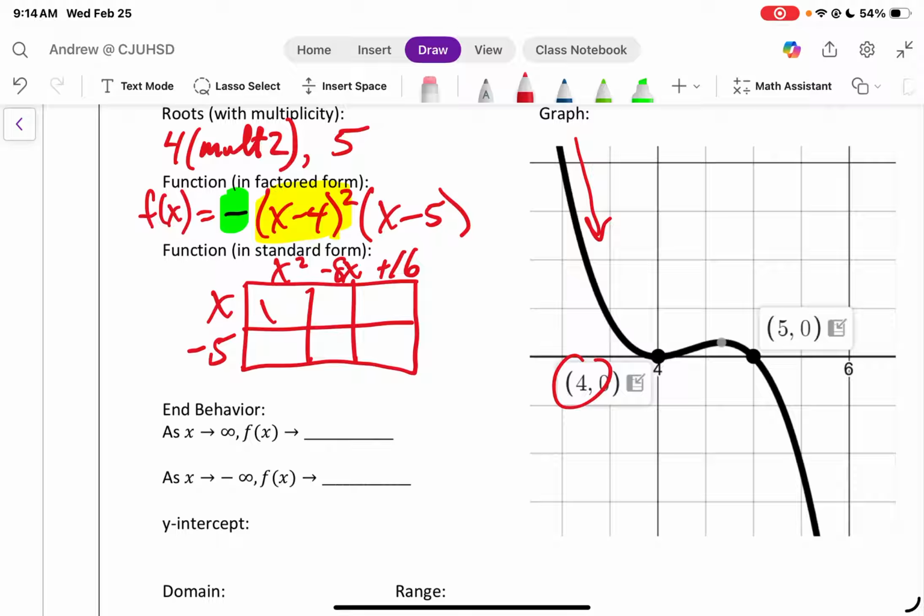So this is x cubed minus 8x squared plus 16x minus 5x squared minus, let's see, 40x, and 16 times 5 is negative 80.